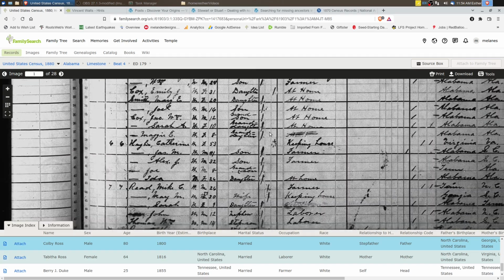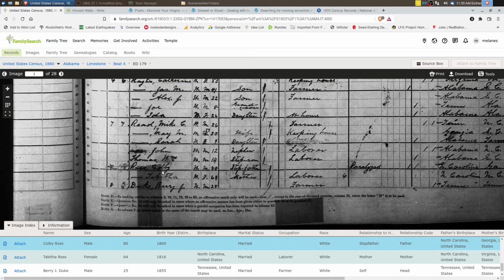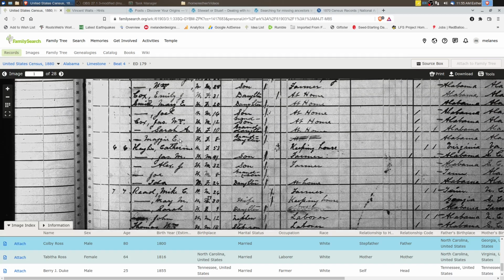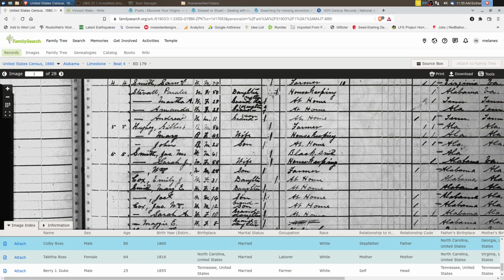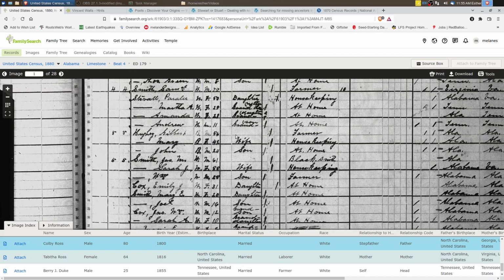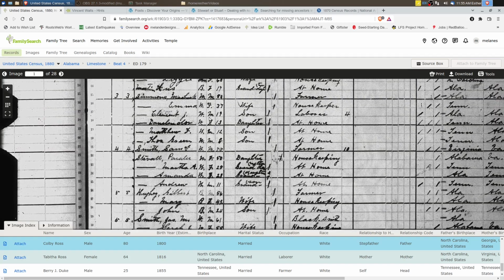Let's find Colby. Okay, he's right here at the bottom, Colby Ross with his wife Tabitha. They are in the household of Colby Ross's stepson, Mike Reed. And you can look at the neighbors. There's a Catherine Hughes. I looked for this James Smith. There's another Gilbert Hughes, Paralee Stovall.